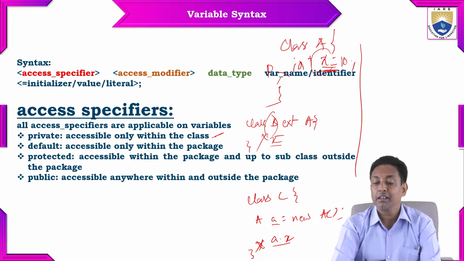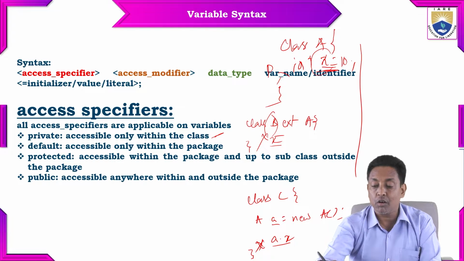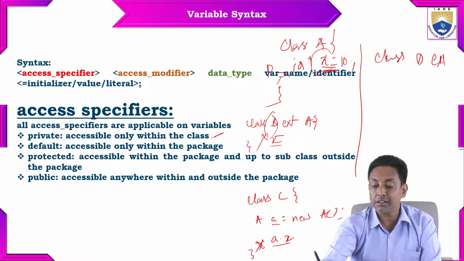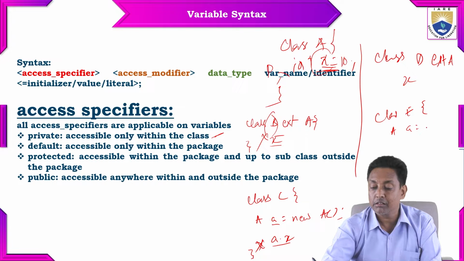within the directory. Similarly, if you go outside the directory, here also class D extends A, and there is one class E. If you try to access x, or create an object of A and try to access a.x, you cannot.